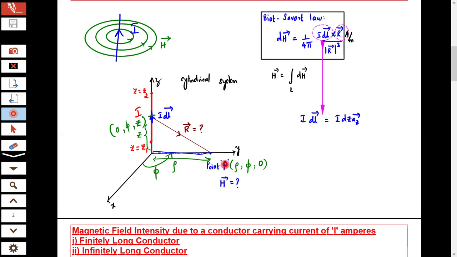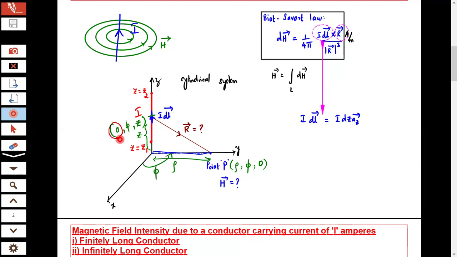Let us consider the point P is oriented along the y-axis at a distance of rho from the axis of the cylinder, and the angular variation is taken from the x-axis along the xy plane. So let us consider the angle is phi, and at a height of z0, we are assuming the point P. Now, let us consider the coordinates for the current element I dL. I dL is along the axis of the cylinder, so the radius will be 0.